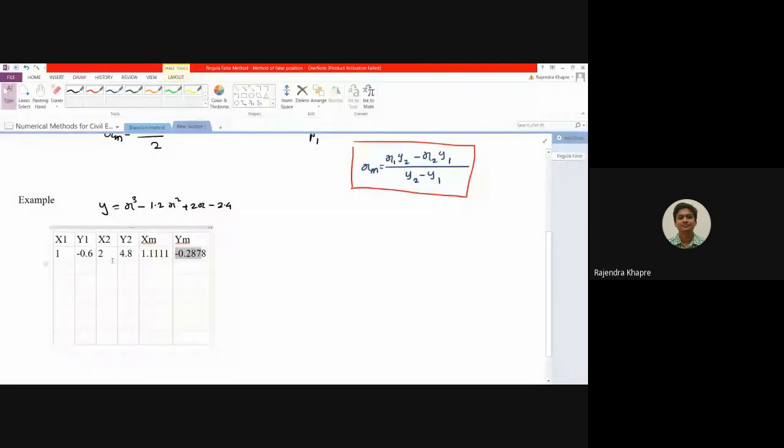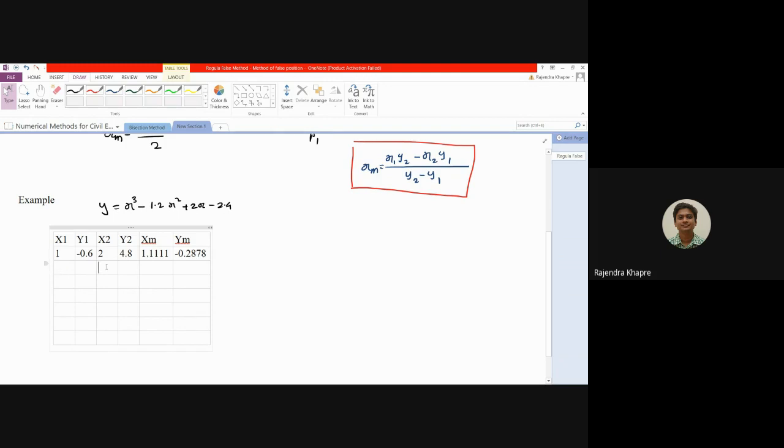For the next iteration, what should I take as the values of x1 and x2? Can someone tell me? One should be positive and one should be negative. What should x1 be? 2. Okay, we can take 2.